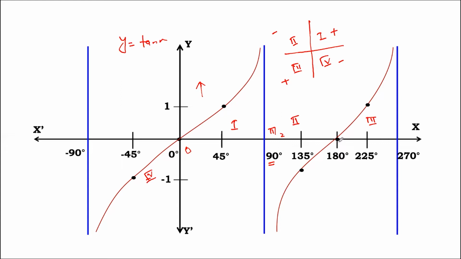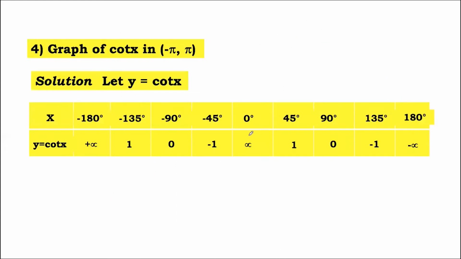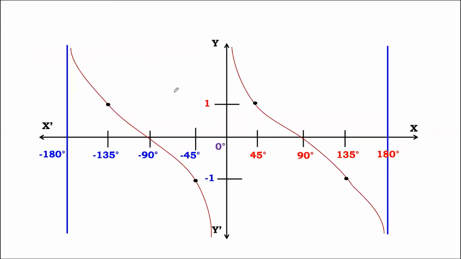Now, if we want to draw the graph for cot x, cot x is the reciprocal of tan, so you can see the graph will be always decreasing because we know that tan x is equal to 1 by cot x. So they are reciprocal to each other. At 90, this will be 0. First quadrant is positive, second quadrant is negative, third quadrant is positive, and fourth quadrant is negative.